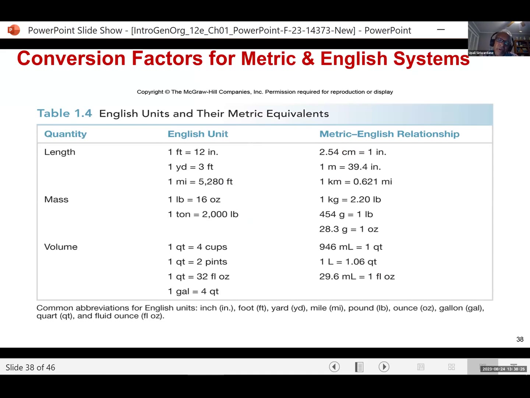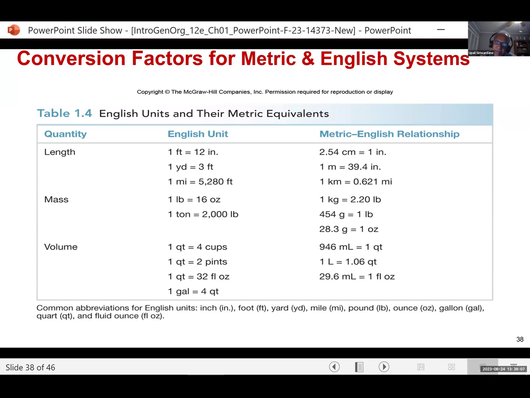You cannot remember all of them, but common conversion factors like 1 foot is 12 inches, 1 yard is 3 feet, 1 mile is 5,280 feet. Those are common since we use them often, we remember. 1 ton is 2,000 pounds. 1 pound is 16 ounces. That's very common.